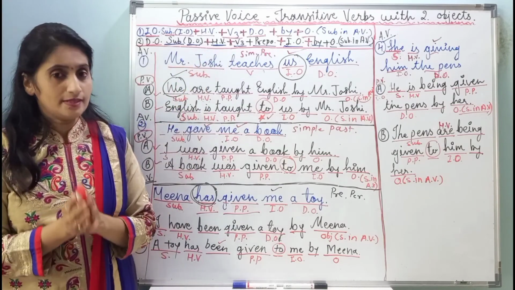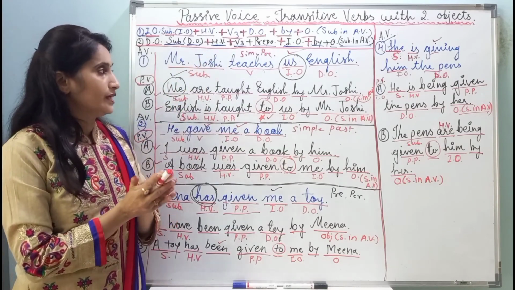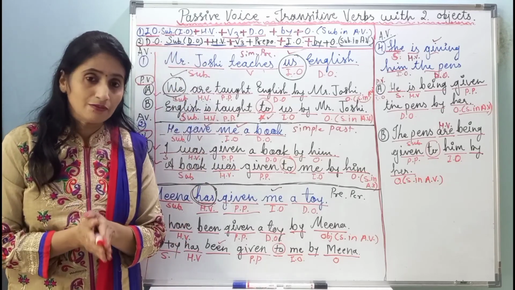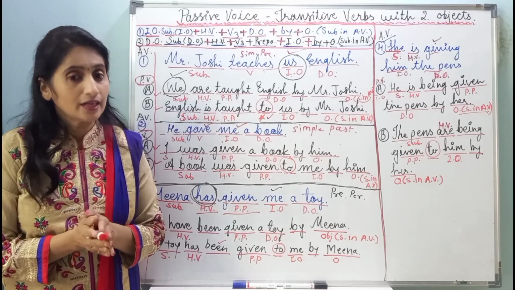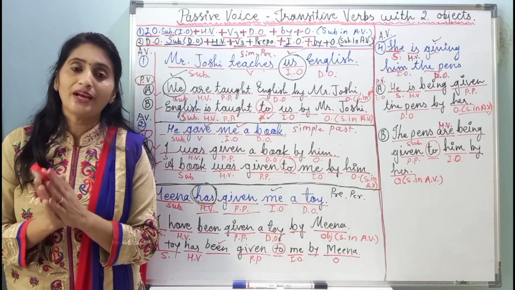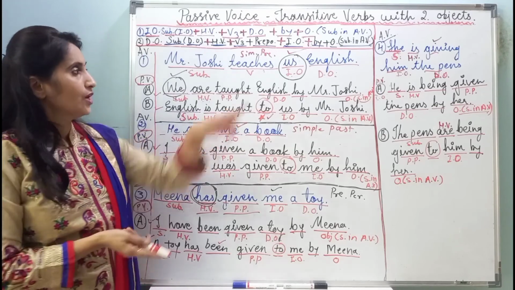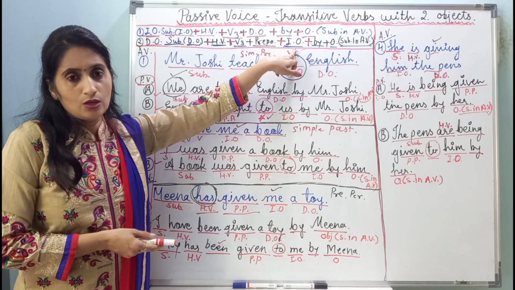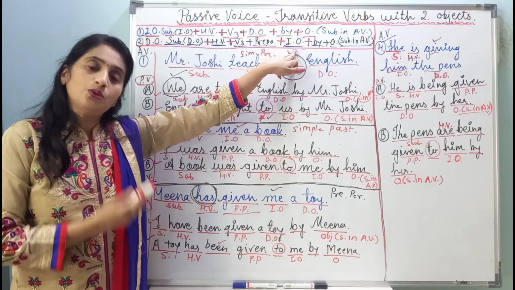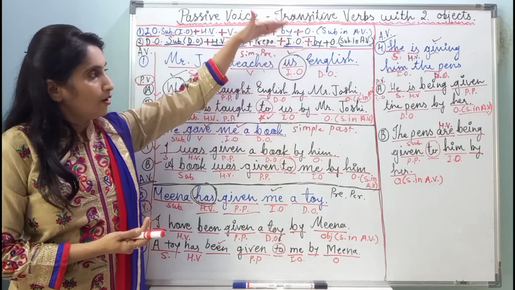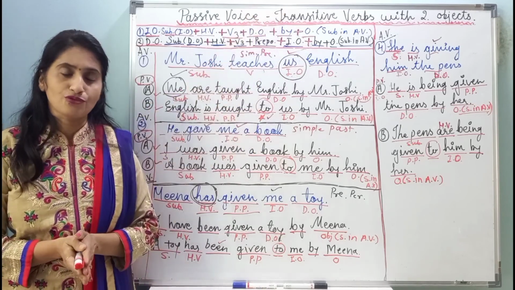One more important thing is that whenever the passive voice sentence begins with the direct object, it is necessary to make use of an appropriate preposition before the indirect object. It is a must. It should be either to or for. Okay? And other things are as usual.